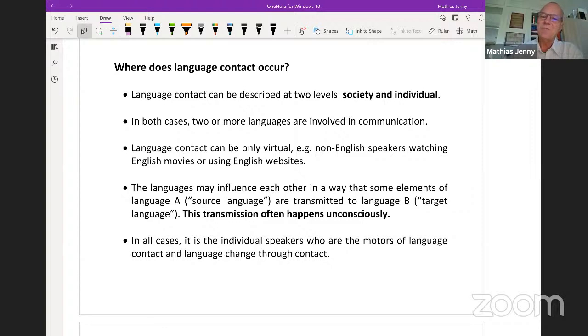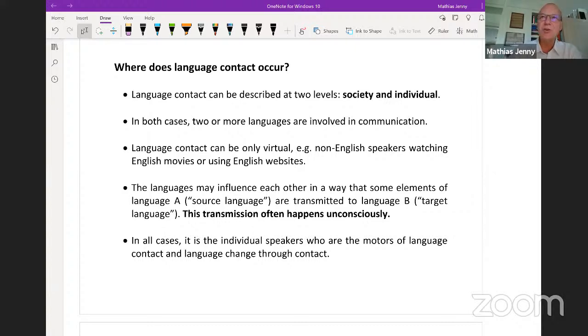These can be transmitted from language A to language B in the interaction of these languages. And very often, this transmission happens unconsciously. The speakers don't know that they use something from a foreign language in many contexts. This is especially the case with pattern borrowing, much less with loan words, matter borrowing.